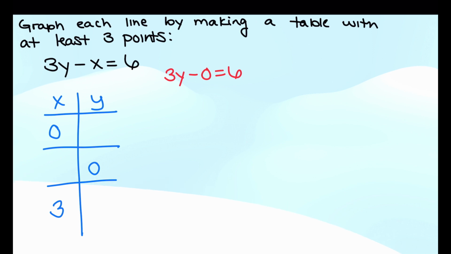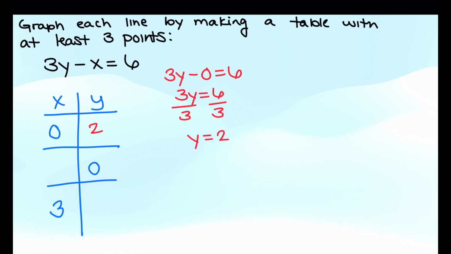Okay, so I'm going to start with x is 0. I put 0 in for x, and I'm left with 3y equals 6. To solve for y, we have to divide by 3, and that gives me y equals 2. So we've got the point (0, 2). Then I'm going to take 0, and this time I'm going to plug it in for y.